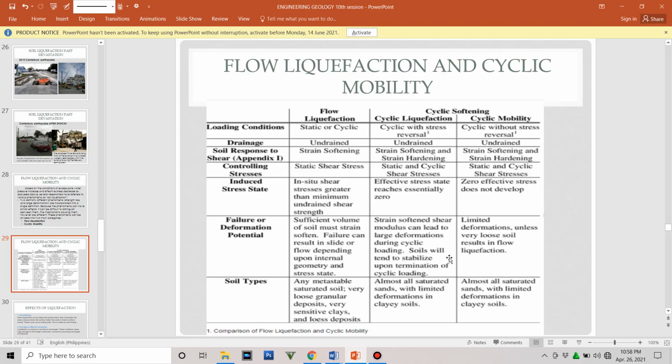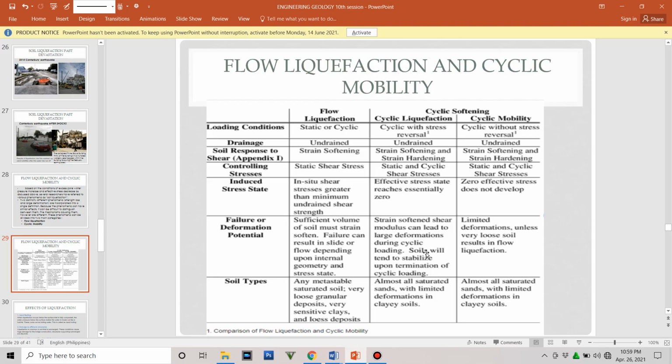Soil will tend to stabilize upon termination of the cyclic loading. Now, for cyclic mobility, we have limited deformations unless very loose soil results in flow liquefaction.